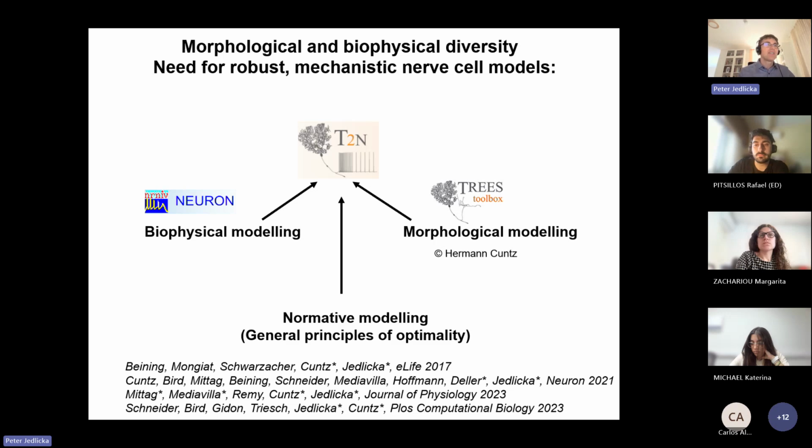And then we combine it with principles of optimality, because we think that if you ask what would be the optimal way to implement a function, this can also improve your models, because very likely real neurons are also optimal for several objectives. So this normative approach is, I think, very helpful.